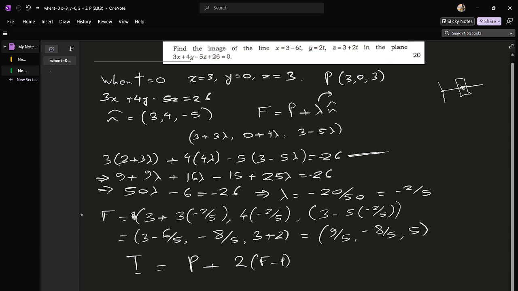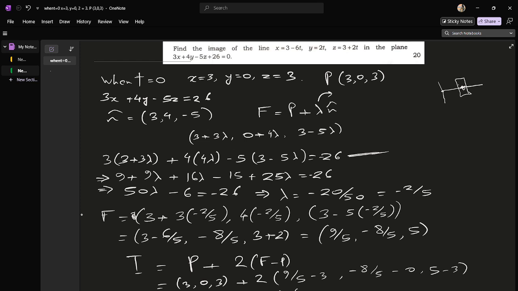Putting the values, that will be (3, 0, 3) plus 2 into (9 by 5 minus 3, minus 8 by 5 minus 0, 5 minus 3), which equals (3 plus 2 into minus 6 by 5, minus 16 by 5, 3 plus 4).